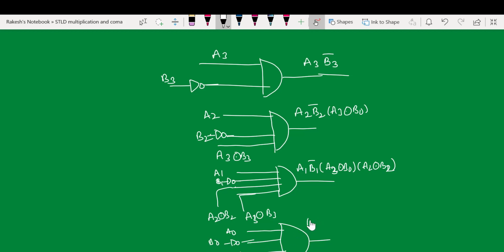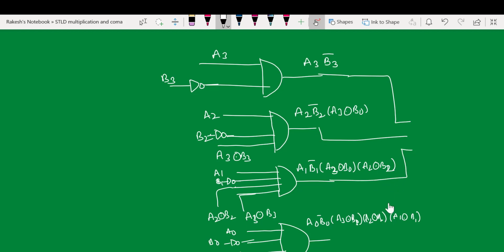That means you are going to get it as A0 into B0 bar times A3 XNOR B3, A2 XNOR B2, then A1 XNOR B1. I am going to add these outputs to an OR gate. This OR gate is going to produce my A greater than B output.